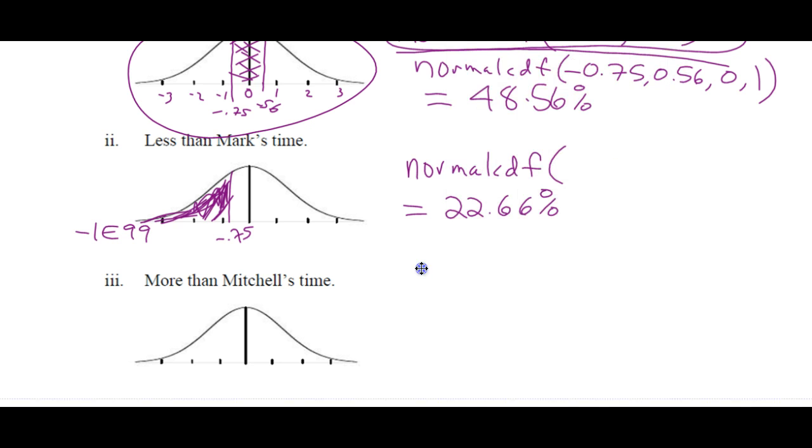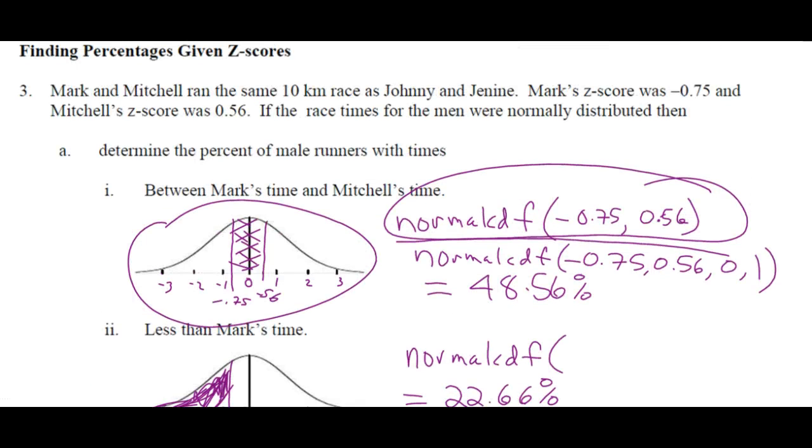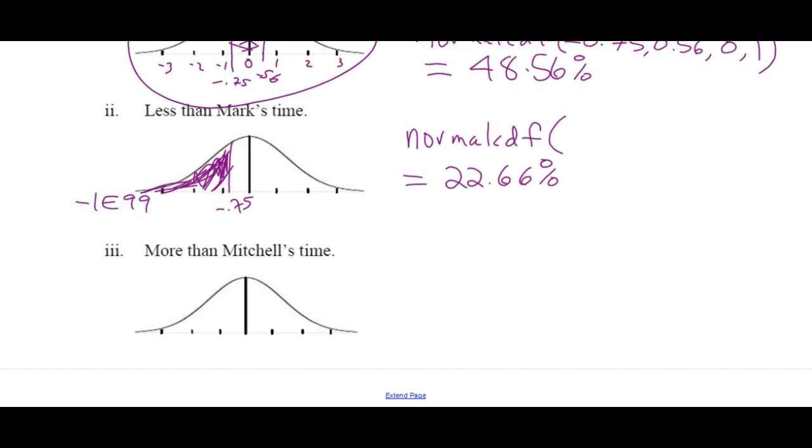More than Mitchell's time. Mitchell had a z-score of 0.56. So put it about in the right place. It doesn't need to be exact, but that's 0, that's 1, so 0.56 should be between them. More than is greater. So this is the area we want to find. We set it up again with normal CDF.